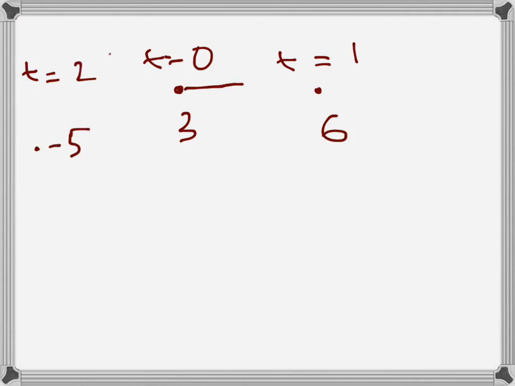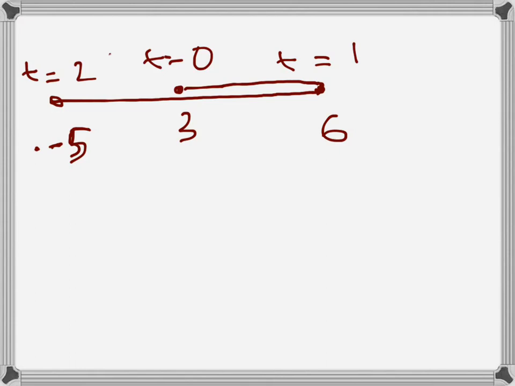That means the pen has changed direction at this point, because at t is equal to 1 we saw the velocity is 0. That means it changed direction. That's what we understand from v being 0. And we can see that at t is equal to 2, the position has become minus 5. That means after changing direction, it has traveled up to minus 5 here.